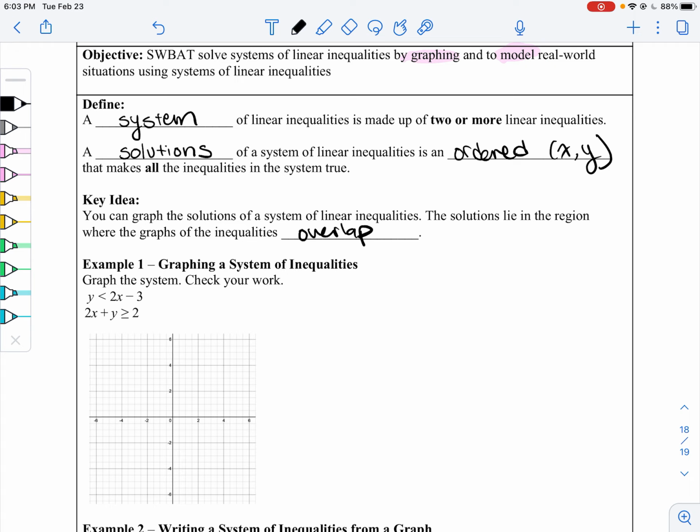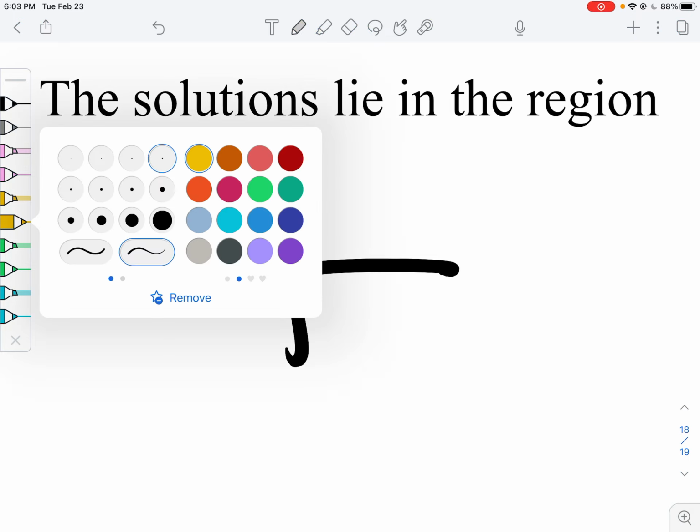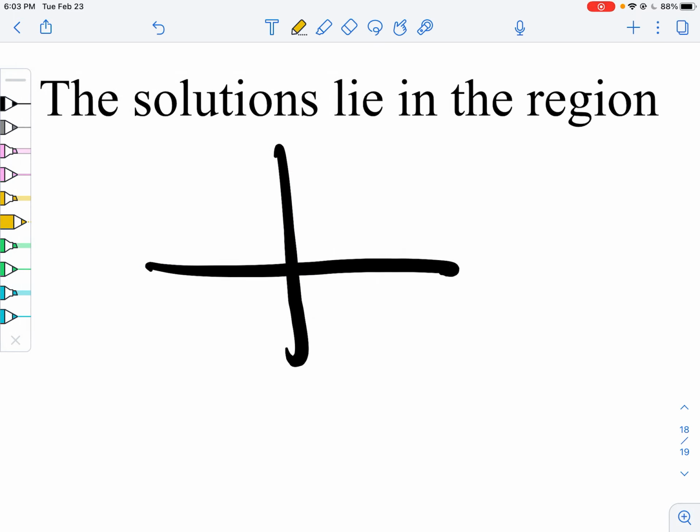Okay, I'll show you what this means. So first, what we want to do is graph both inequalities and find where they overlap. So if you've got your beautiful graph, you'll graph one inequality, let's say this guy goes like here, and then you graph another inequality.